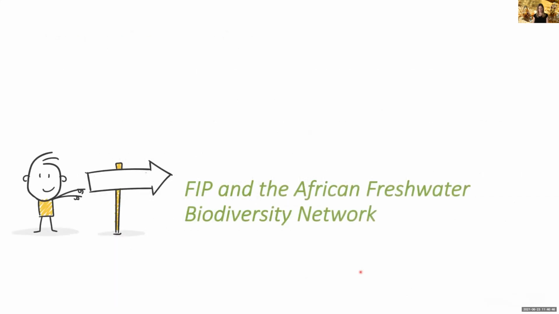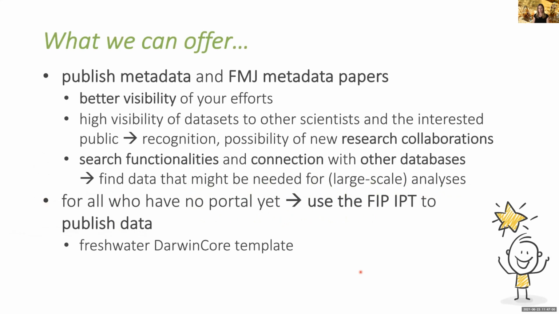Okay, so this brings me to my last slides that deal with how we can work together, we as FIP and you as the African Freshwater Biodiversity Network. And here is what we can offer. We can offer to publish your metadata and metadata papers.